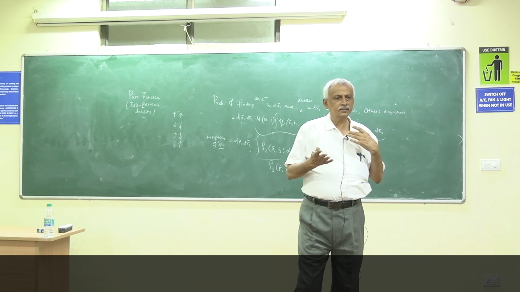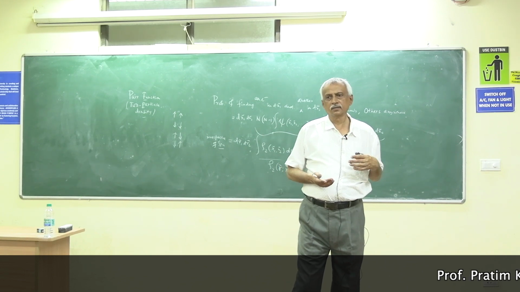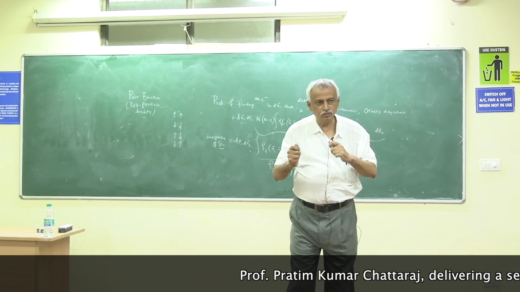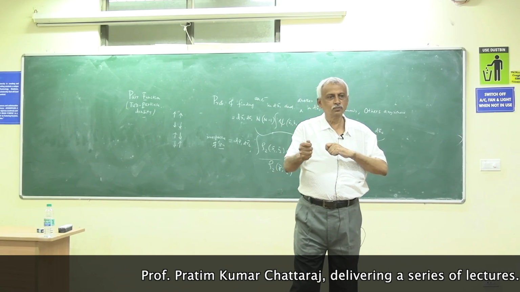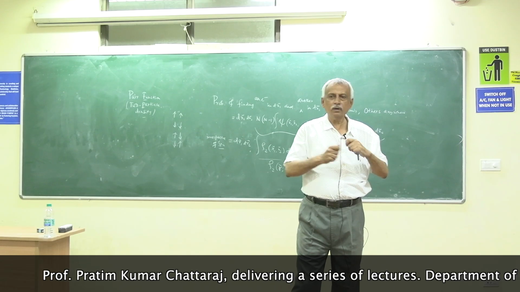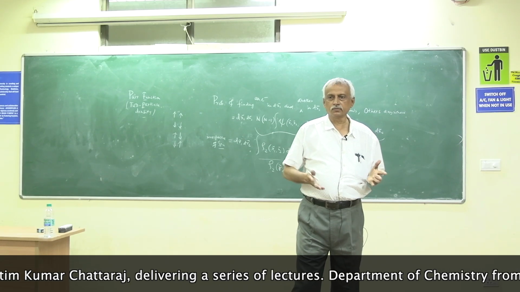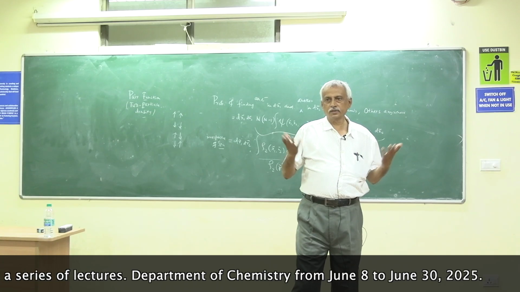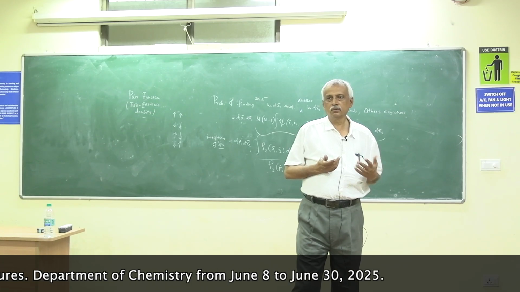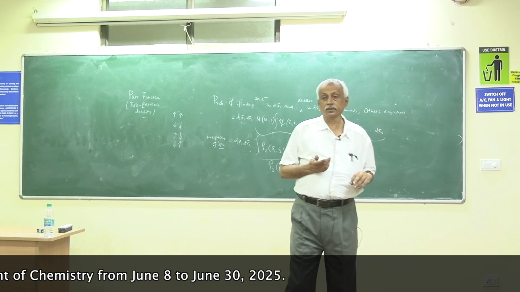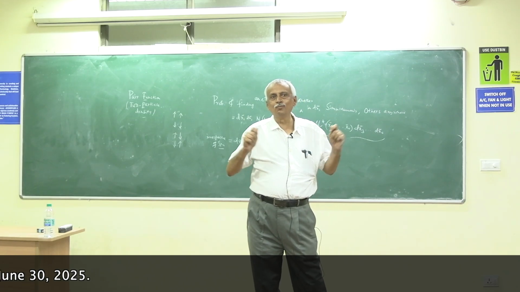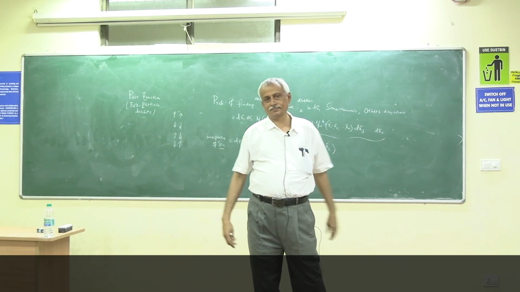You say Coulomb interaction, you say gravitational interaction, maximum two particles, Q1, Q2, M1, M2. Q1 Q2 by R square, let's say that is the force, or M1 M2 by R square, that's the corresponding gravitational force with some proportionality constant. You never need more than two particles.